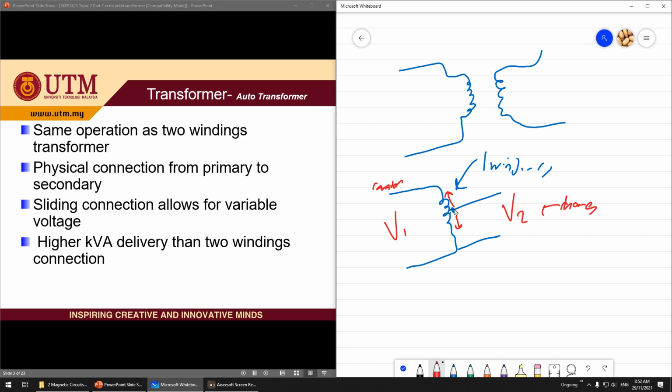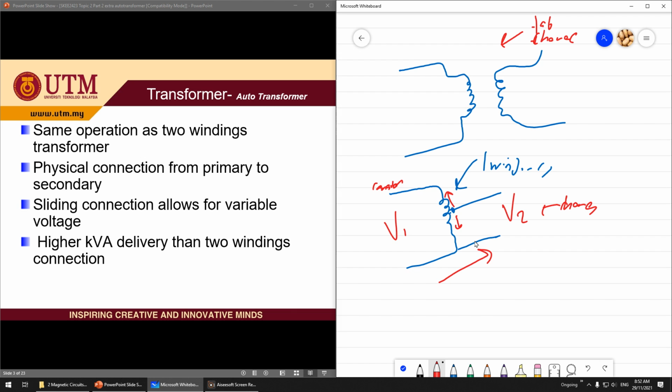The output can change. You just adjust the sliding connection. This one can slide. For this one you cannot do. Usually we have tap changer. Tap changer you can change the voltage, but usually it's quite difficult to change the voltage too much. But auto transformer you can adjust it easily.